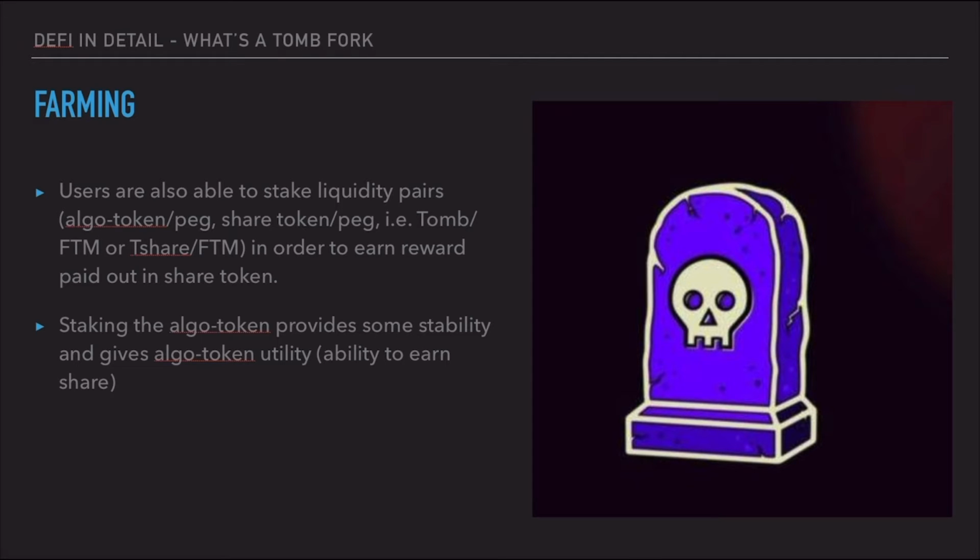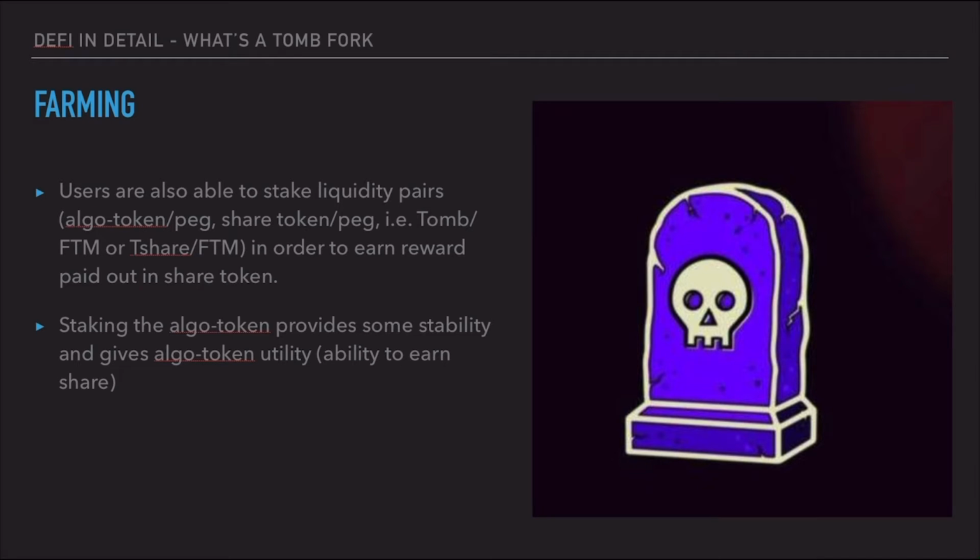For example, in the case of tomb finance, that would be a tomb token and a phantom token paired together to provide the liquidity, or a tomb share token paired with a phantom token paired together to provide liquidity. And you earn rewards on that liquidity in share token.